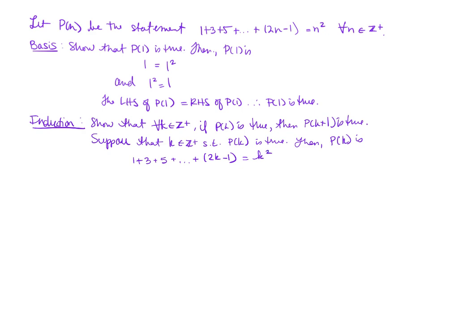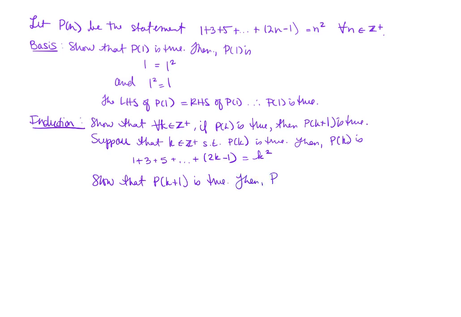And remember, on the next step we are going to use this pseudo definition here to show that P of k plus 1 is compelled to be true. So our next step is to show that P of k plus 1 is true.